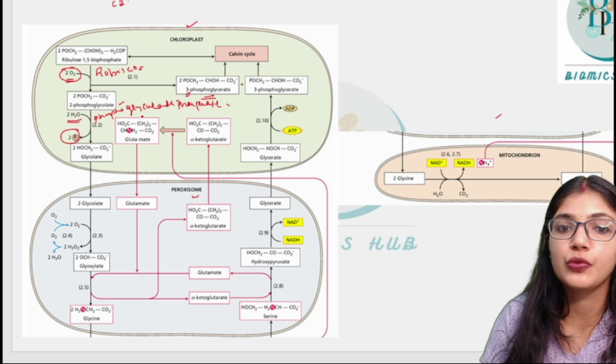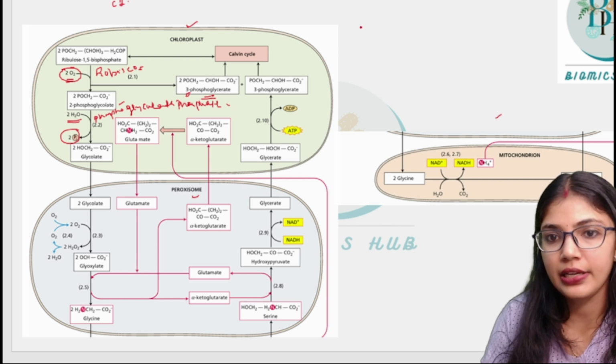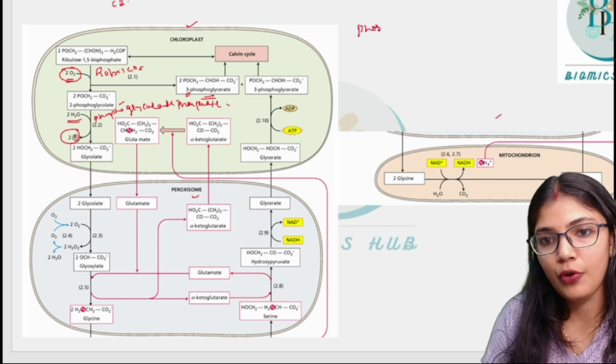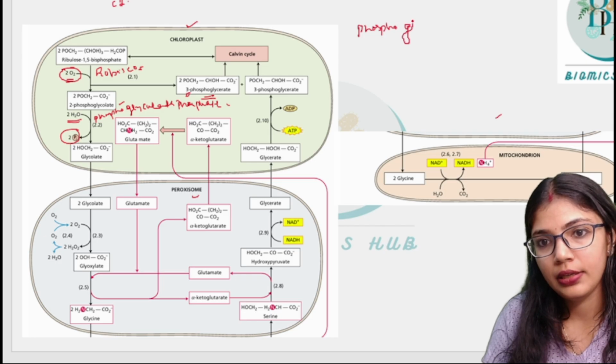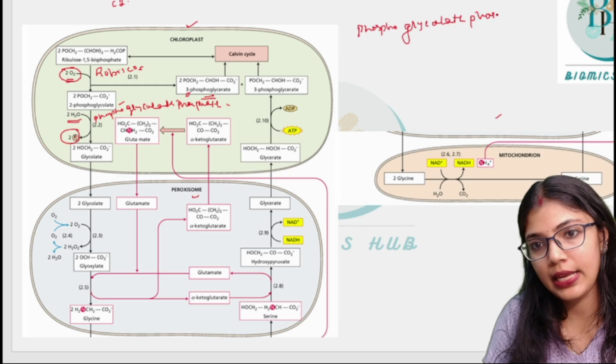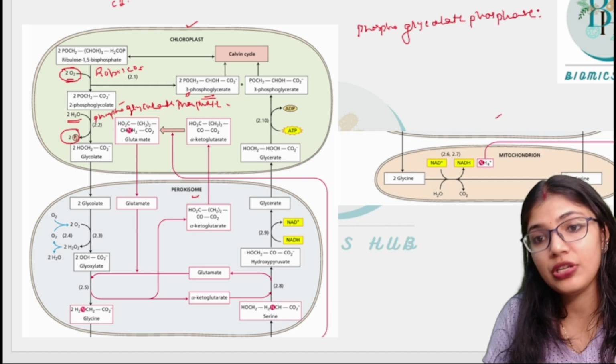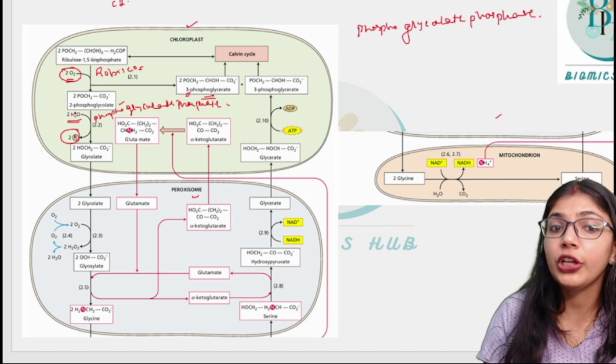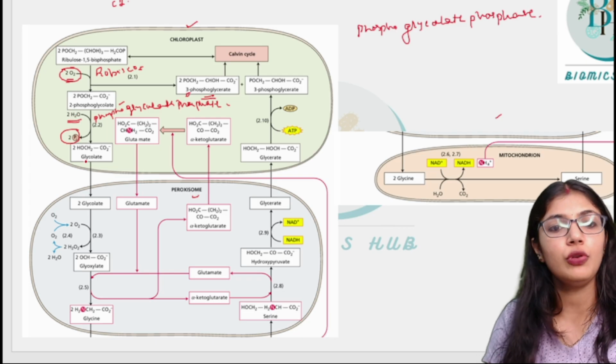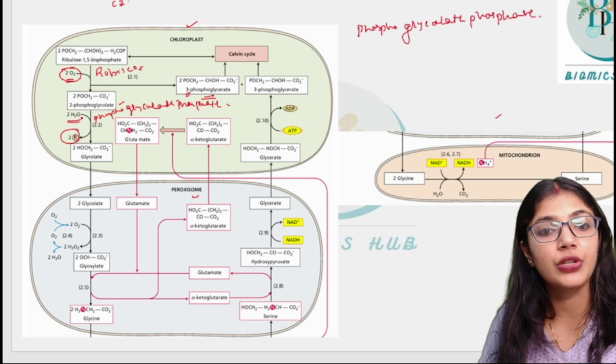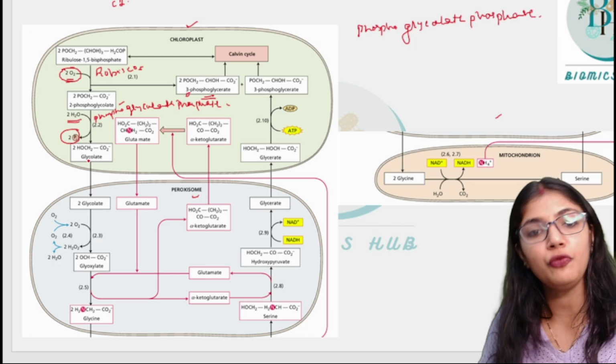I will write it here. It is the enzyme which helps in conversion of 2-phosphoglycolate into glycolate. And here there is utilization of H2O for removal of 2-phosphate.